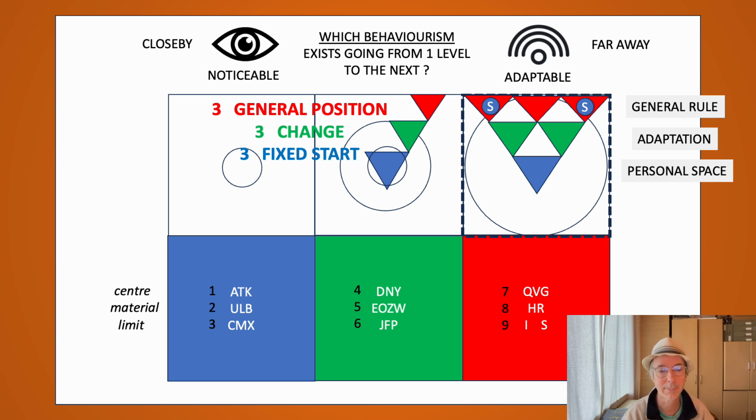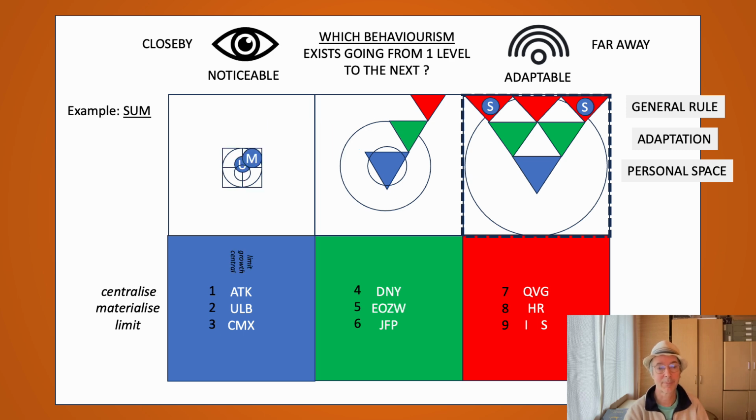So we have this personal space, this blue part, the space where you have the movement and the changes, and then the general space, where also are the general rules, let's say. So let's have the first example of sum and see where the letters are, and see how the balance between these letters exist, and how we can see them as a measurement.